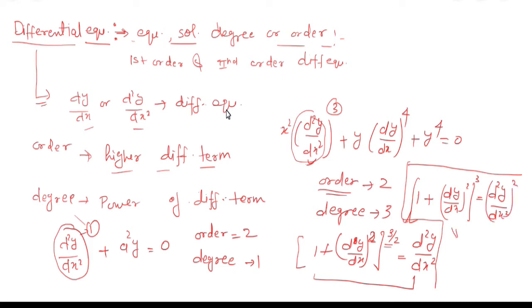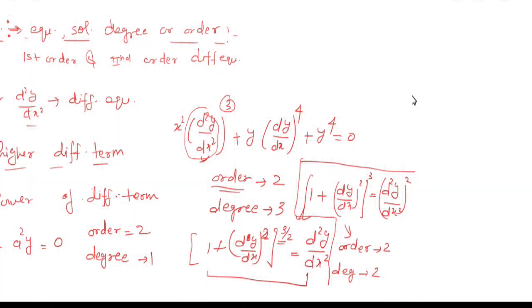Now you see this equation: it does not have a fractional power, so you can define the order and degree of this equation. The order of this equation will be 2 and the degree will also be 2.